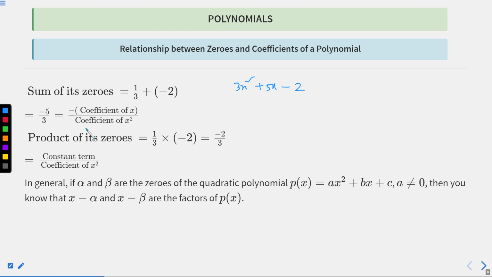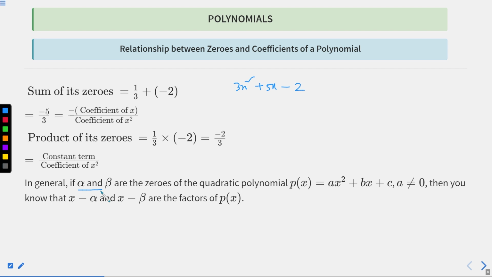In general, if alpha and beta are the zeros of the quadratic polynomial p of x equal to ax square plus bx plus c, where a is not equal to 0, then you know that x minus alpha and x minus beta are the factors of p of x. So you can write p of x, which is ax square plus bx plus c, as x minus alpha times x minus beta.